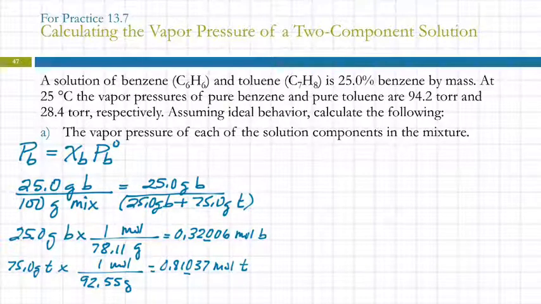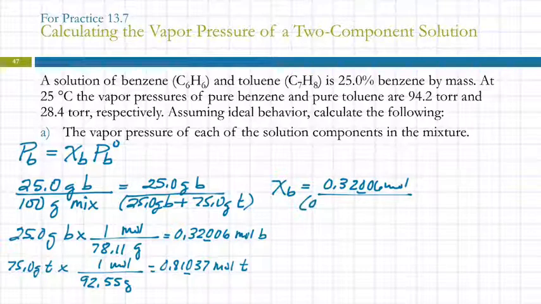So the mole fraction for benzene is going to be moles of benzene, 0.32006, divided by moles of benzene plus moles of toluene.